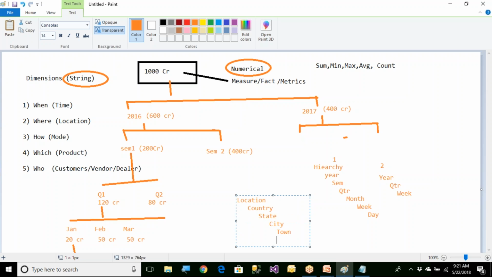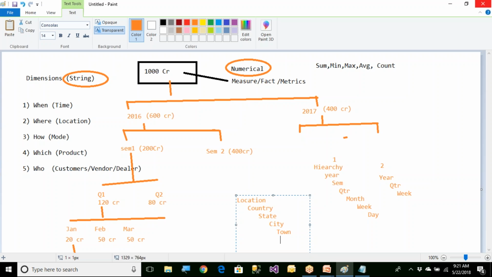After the town, you can also have colonies, and within a colony you can also have a street. That is the smallest level. So when you come to a city, and within the city you have small towns, you can go to that area and still be able to pick up the data. This is what is called granularity in your location hierarchy.